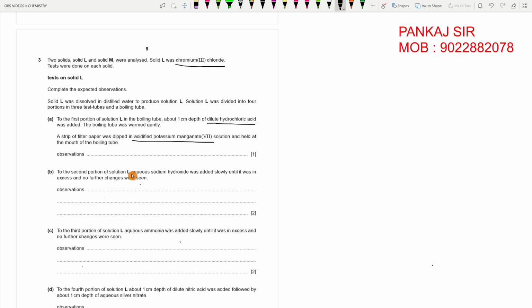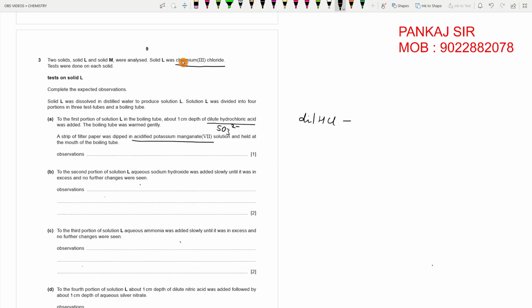This is a test for sulfide, if I am not mistaken. So you know that in this substance L you don't have sulfide, you have in fact chloride. So the observation will be negative. There will be no change, because this test is supposed to be for sulfide, and our substance is not sulfide but chromium chloride.